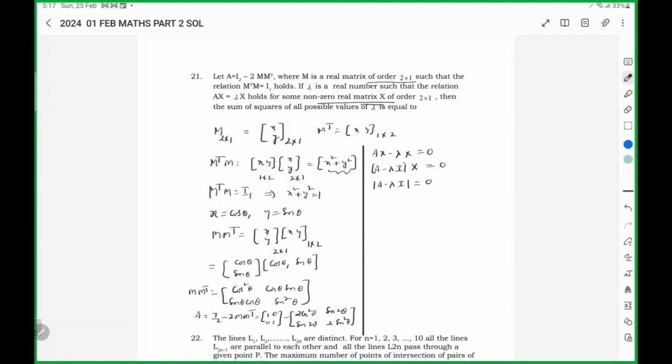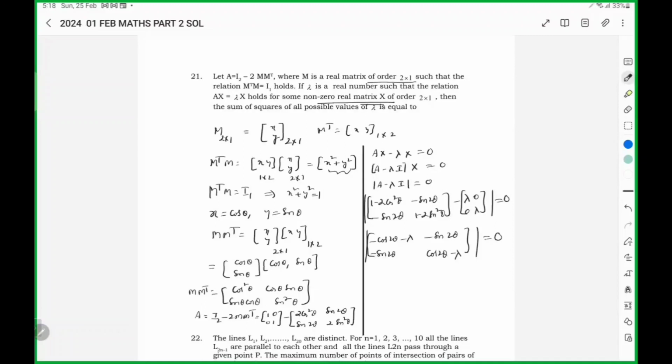So that is 1 minus 2 cos square theta minus lambda, minus sin 2 theta, 1 minus 2 sin square theta minus lambda, so that is 0. So it is minus cos 2 theta minus lambda, minus sin 2 theta, cos 2 theta minus lambda, whose determinant is 0.